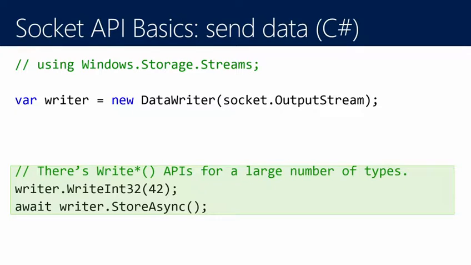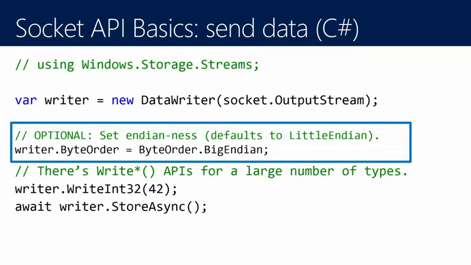So we can write an int32, a string, a byte array, a bit, an unsigned integer. There's like 50 different bits and pieces that you can write, and it handles all of the serialization for you. We can also just pass it a buffer. So if we've serialized something using JSON.NET, we can just pass it the output buffer from JSON.NET and write it. We then call StoreAsync, which flushes what we've written to memory out to the network card itself. So it then pushes it over the wire.